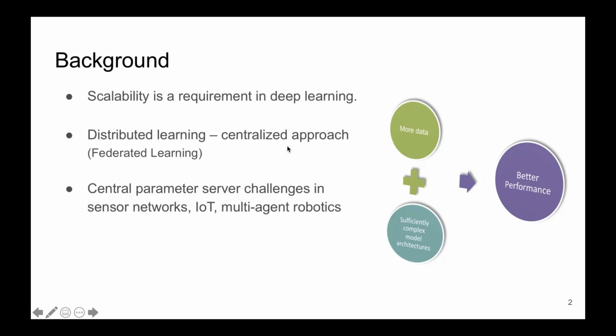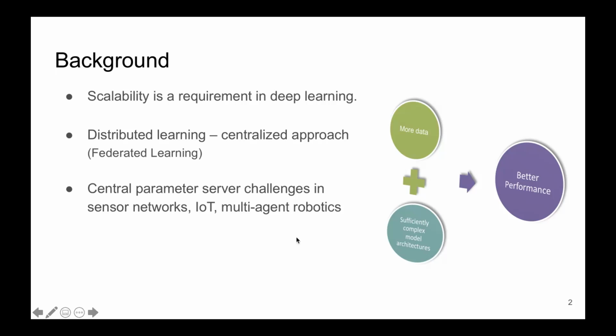In the centralized setting, a central parameter server collects, processes, and sends processed information back to the agents. A popular approach for centralized learning is called federated learning, which uses a central parameter server and learns from the different data sets that are provided to the agents.